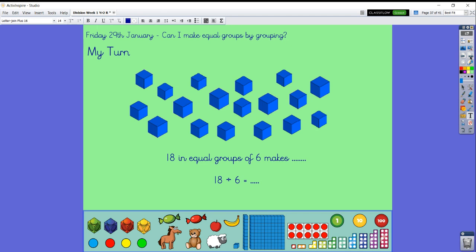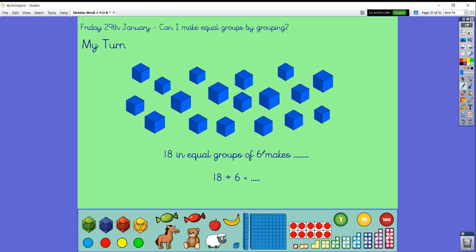Okay, so we're thinking going back to our grouping. Remember, that's when we take chunks of groups and put it all together. So I've got my 18 cubes here, and I want to group them into groups of 6. So I'm going to grab 6 at a time and make a group. So I've got one group there.